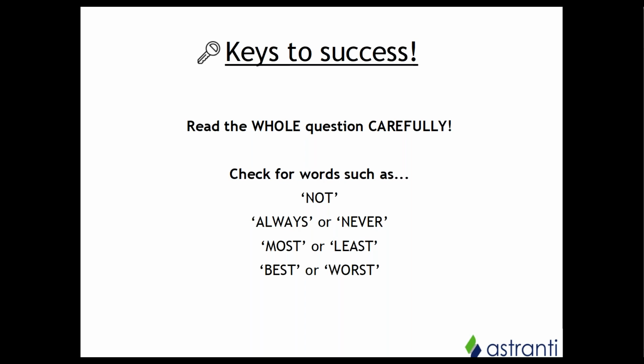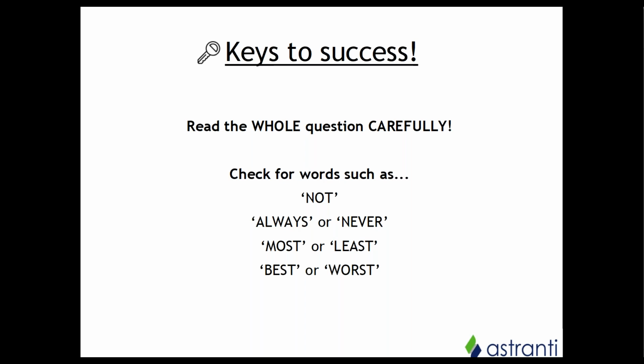Whereas at the strategic level, you might be given a question with 4 options and all of them are kind of correct. But you're actually looking for the best option, the most useful option, the most correct option, the best possible option.